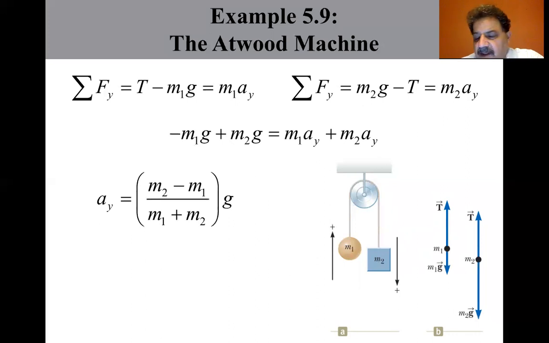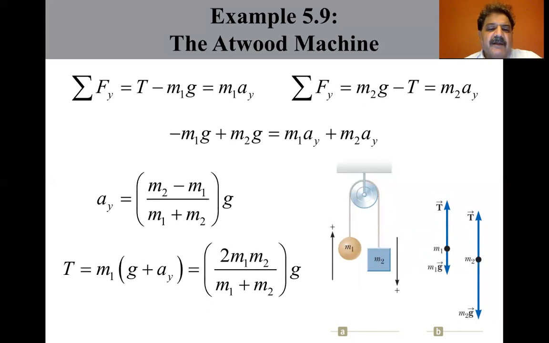Substitute to find T. T equals m1g plus m1 times the acceleration in the y direction, and you get T equals 2m1m2 divided by (m1 plus m2) times g.